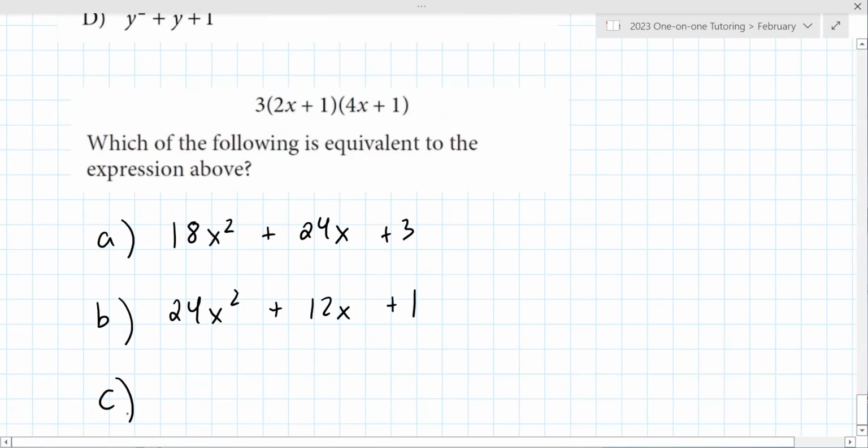Oh, so it would have the exponent too. Yes, I was about to ask that. Yes, yes.